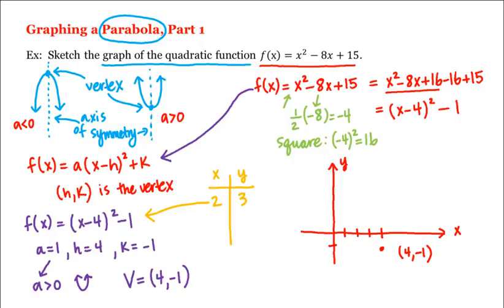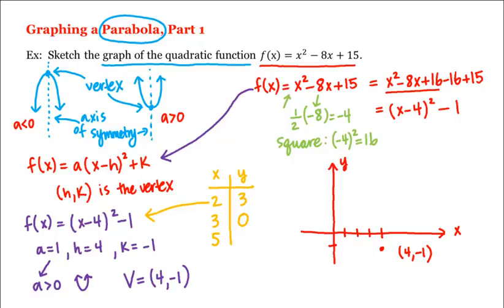So when x is 2, y will be 3. What about when x is 3? We get 3 minus 4, which is negative 1, quantity squared, which is 1, and then 1 minus 1 is 0. So when x is 3, y will be 0.